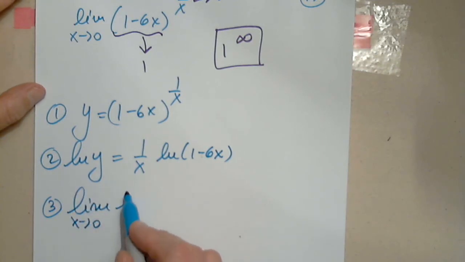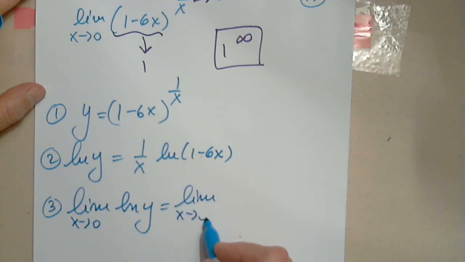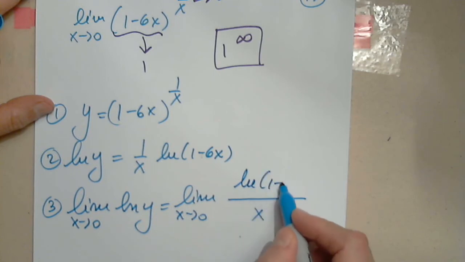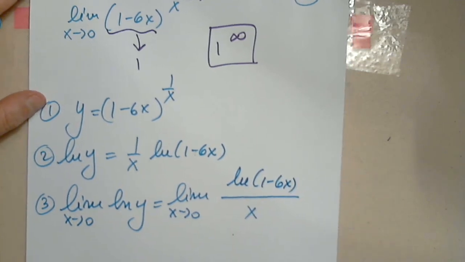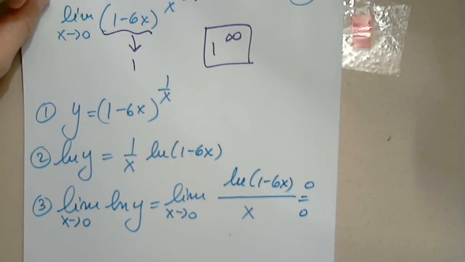Limit as x approaches 0 of natural log y equals limit as x approaches 0 of this. Which is sweet because the numerator is 0, the denominator is 0, it's already set up for us to apply L'Hopital's rule.